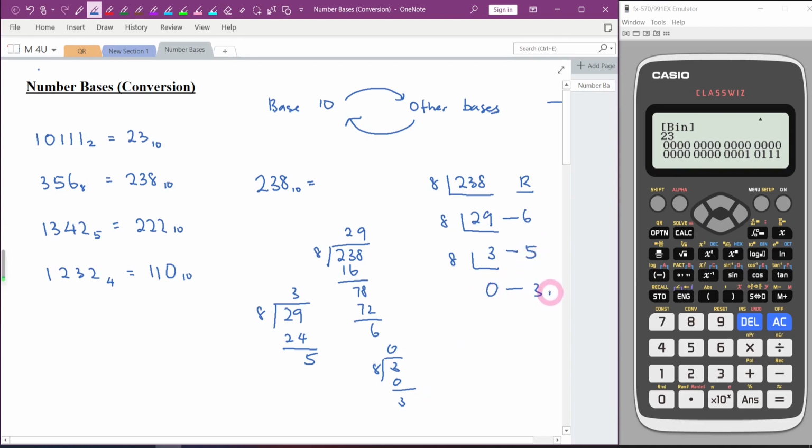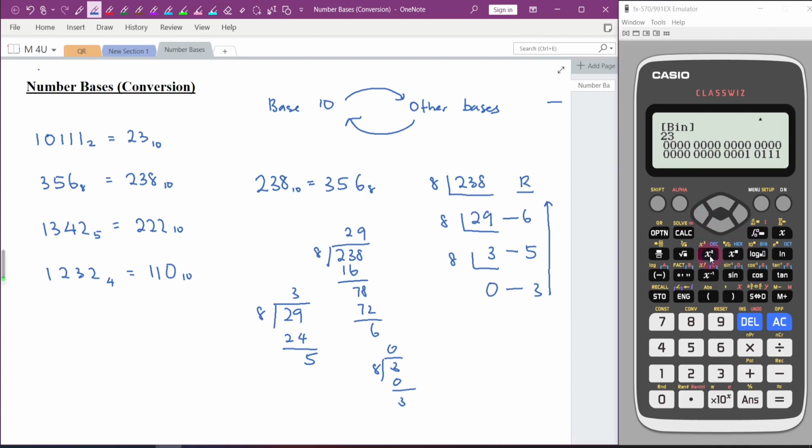Remember, the answer you have to read from the bottom. 356. 356 base 8. Okay. This is the way how we convert a number from base 10 to other bases. How do we use our calculator?